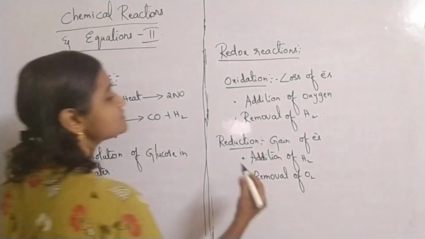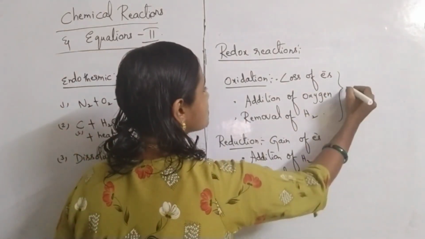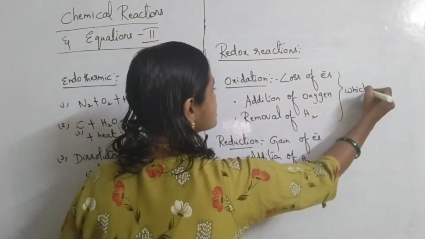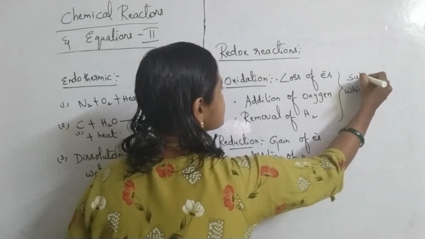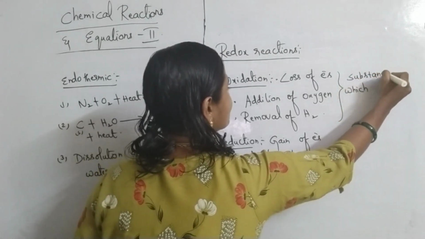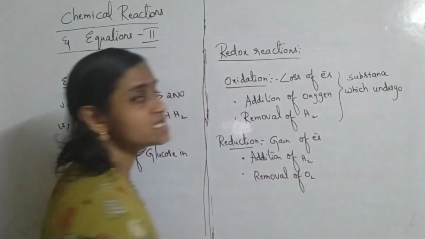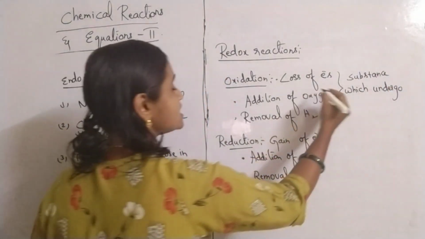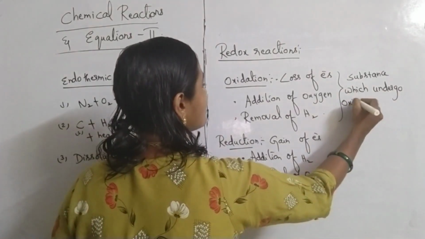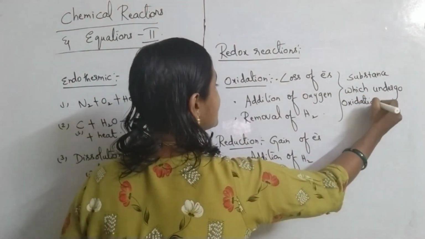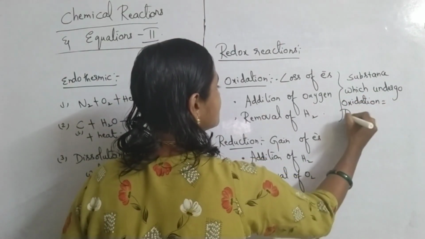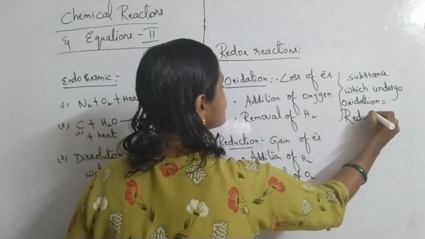And the substance which undergoes oxidation is called a reducing agent. Substances which undergo oxidation are called what? Reducing agents. Please remember, reducing agents.